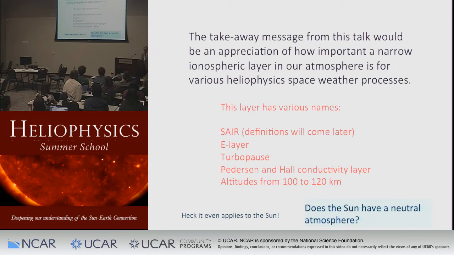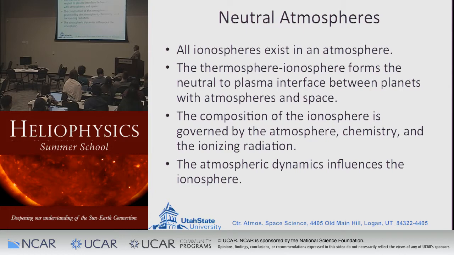How many of you before this week realized the sun had a neutral atmosphere? One, a half. Okay, but that's a huge takeaway message in solar physics. There is a rather huge amount of neutral gas that goes into all kinds of processes for plasma physics. It's really important.